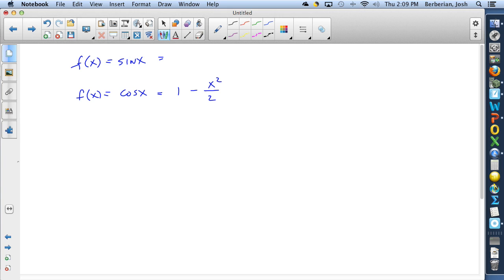Did the cube term drop? Okay. The fourth term: 1 over 4 factorial, plus x to the fourth over 4 factorial, minus x to the 6 over 6 factorial.